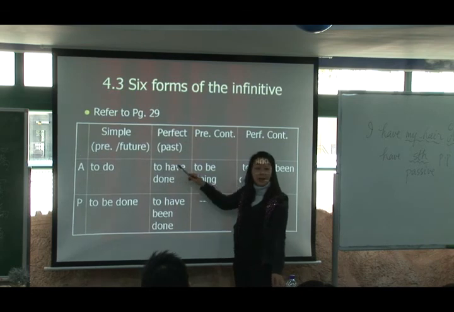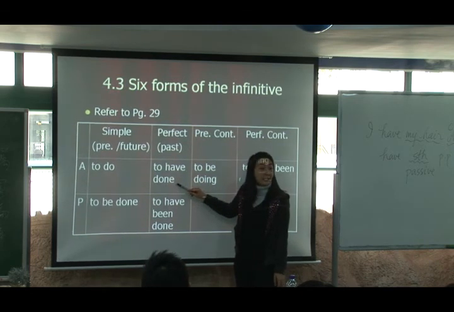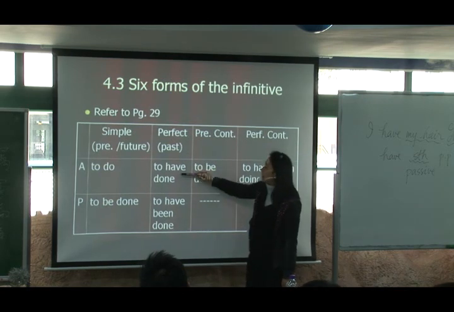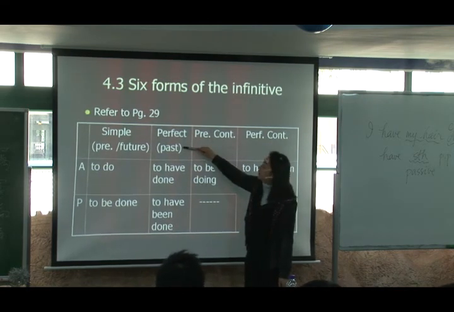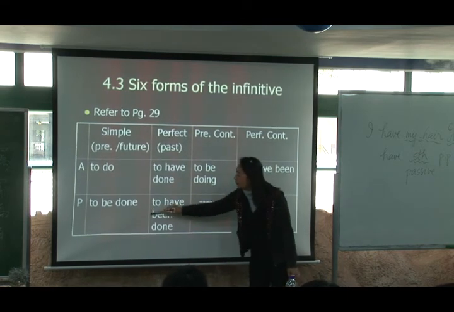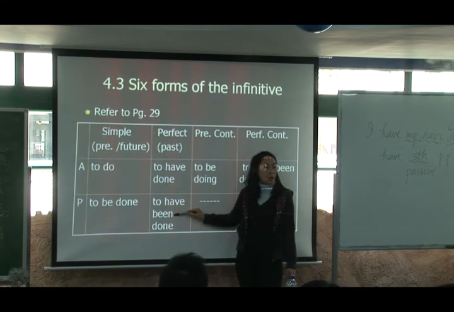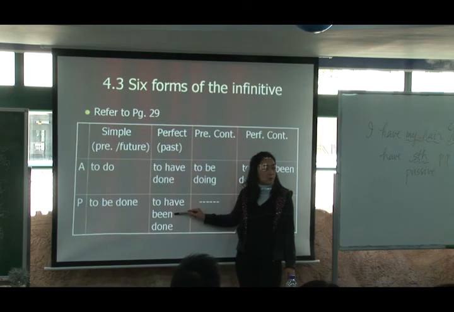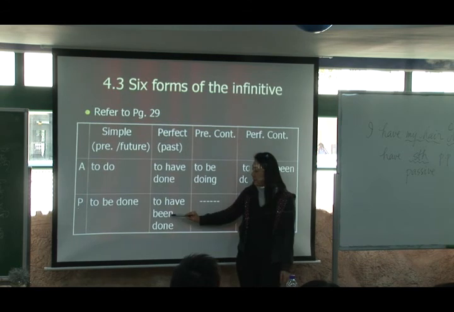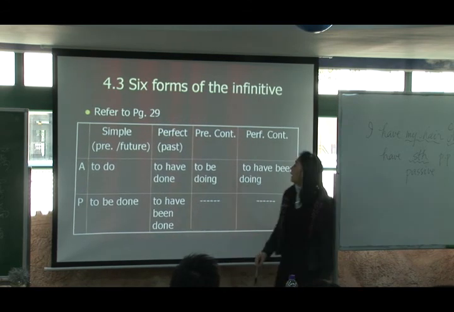You have to write to have gone, okay, in the past. And then here, you change this perfect infinitive from active to passive. What do you add? Been. Why do you add been, not be? Because it is perfect, right? We add be and been.